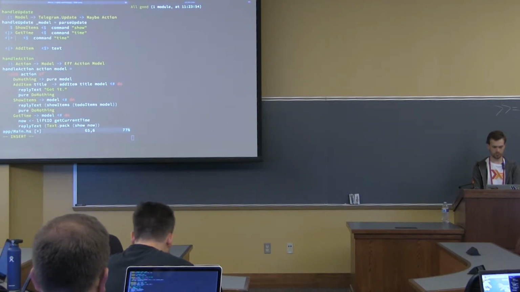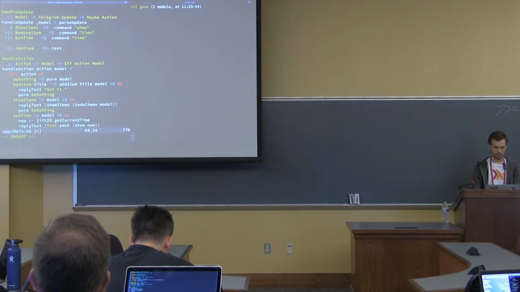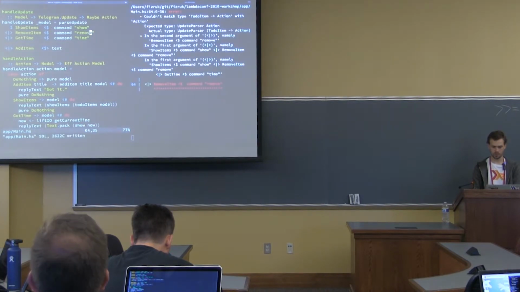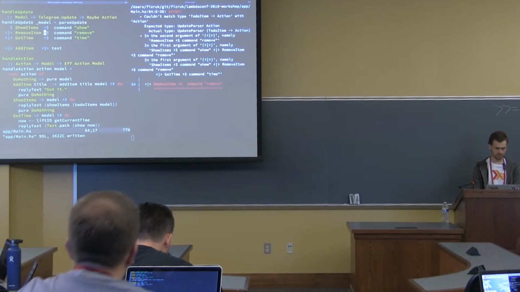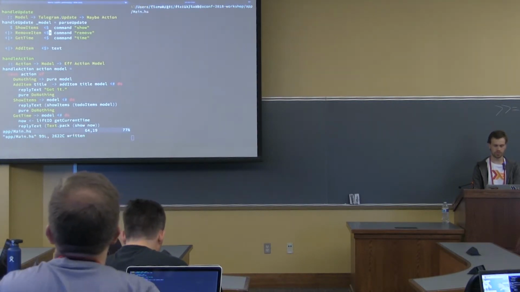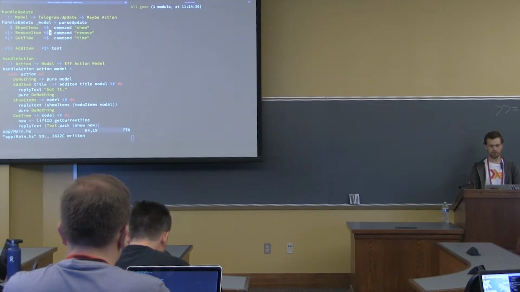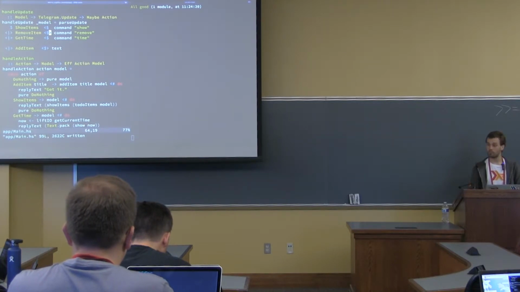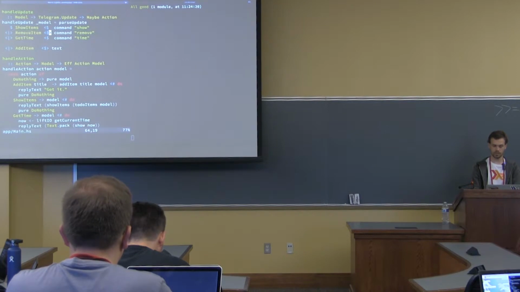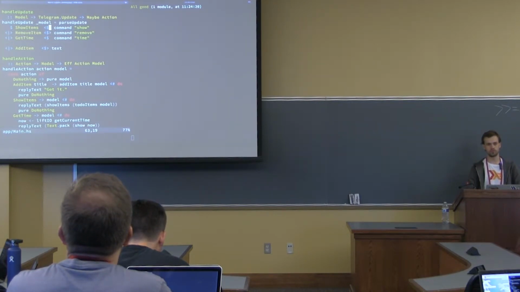So just RemoveItem, and that's command remove. Okay. Yeah, and it does take the argument, so we do need the right angle bracket. Okay, so I've just added this line: RemoveItem, fmap, command remove.